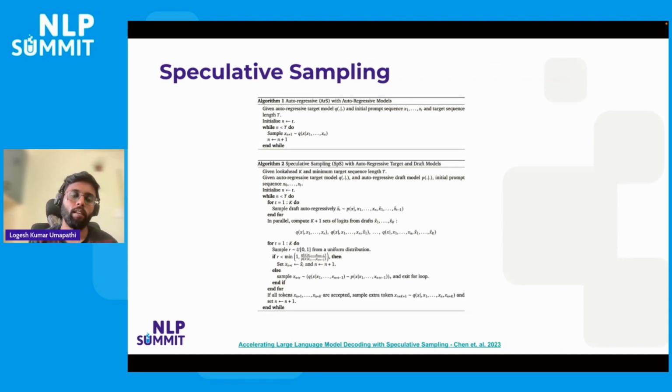Another technique to speed up inference is speculative sampling. When we discuss the autoregressive method, the prefix that we give as input can be processed a lot faster than the individual tokens that we generate afterwards. The reason is the prefix can be parallelized, and since we pass in a bunch of tokens, the whole calculation can be parallelized.